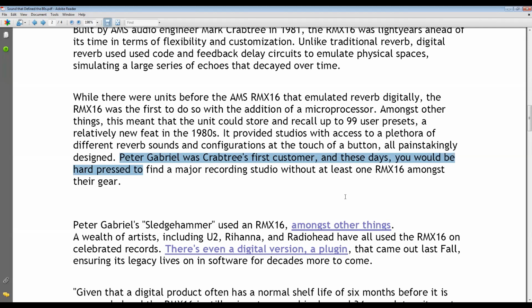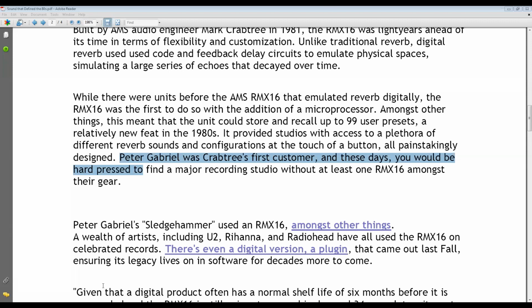This passage illustrates just how prolific the use of the RMX 16 was in the birth of the sound that defined the 80s, period.